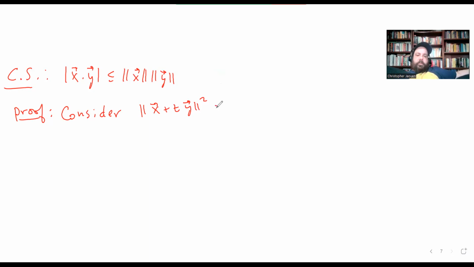So this is equal to, from our definition of the length, the length of x squared plus 2t x dot y plus the length of y squared t squared.